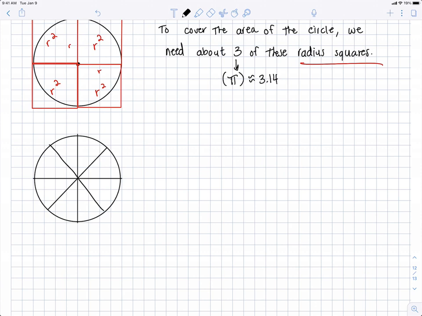Right, so one thing that they pointed out was that we needed to keep in mind that the circumference is 2 times pi times the radius, right? And this is the length on the outside of the circle.